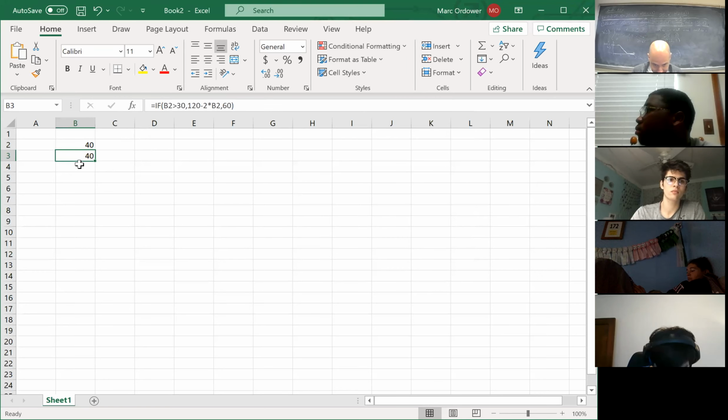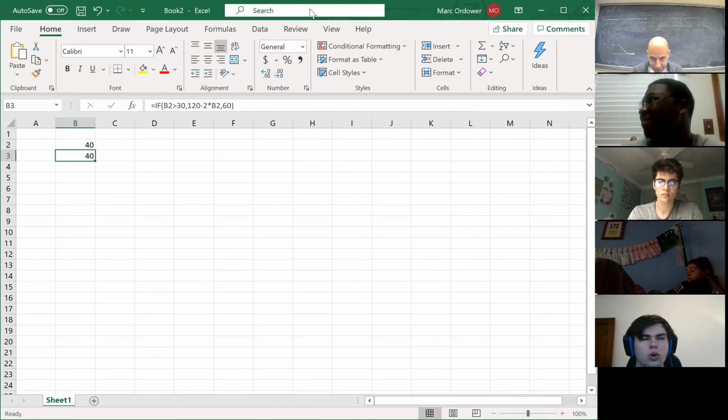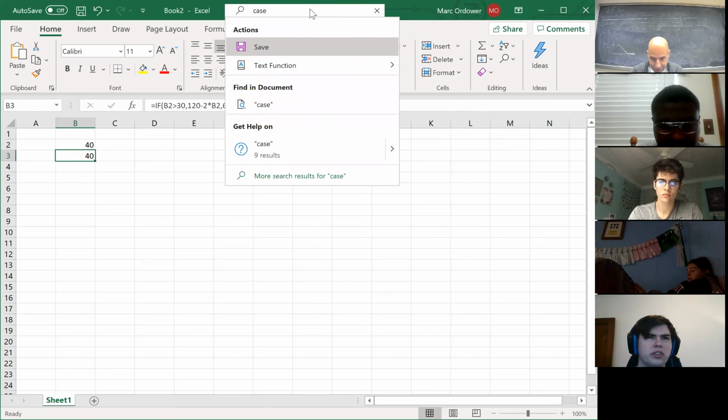So let's see if we can do a multiple if here. B2 is greater than 30, then 120 minus 2B2, otherwise 60. So what do we call it? Is it case? Why 120?